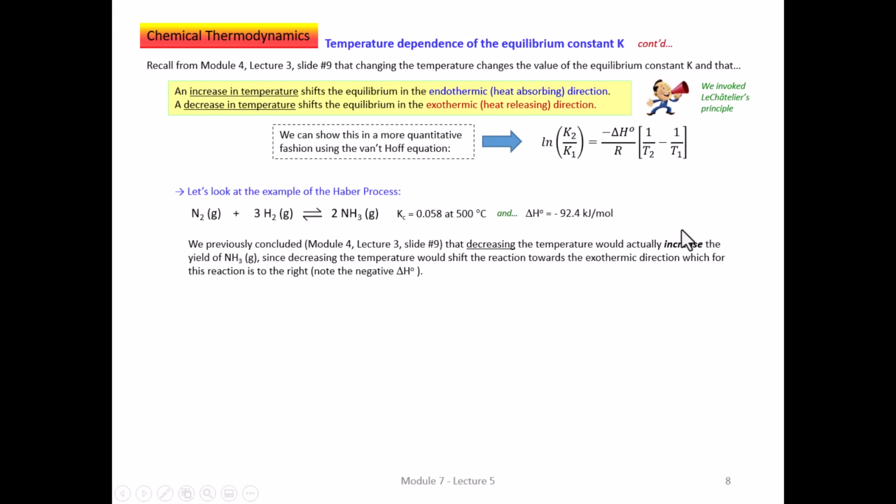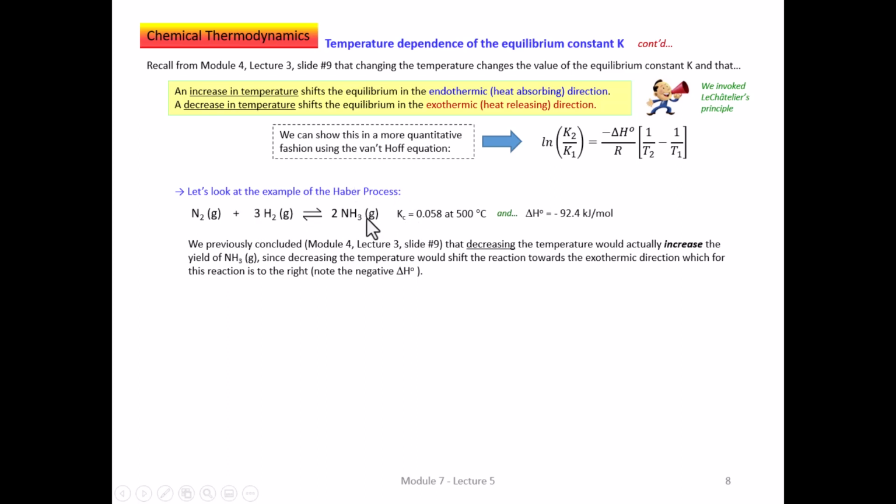Now, we previously concluded from module 4 that decreasing the temperature would actually increase the yield of ammonia. Well, why is that? Well, remember, this is an exothermic reaction written left to right.